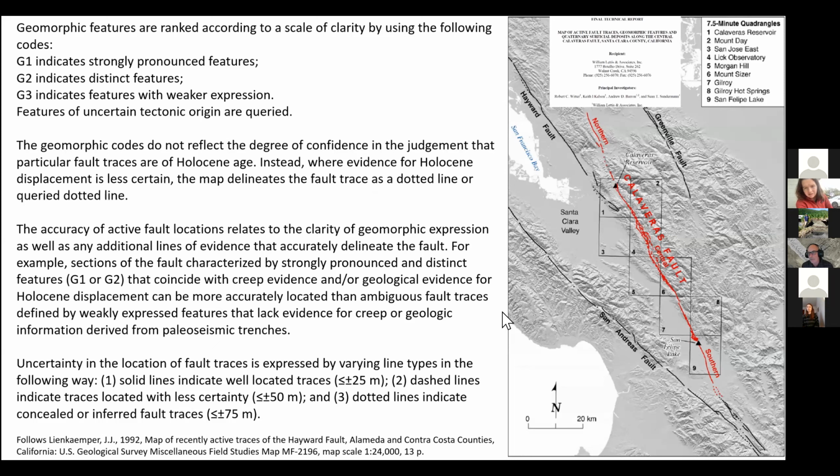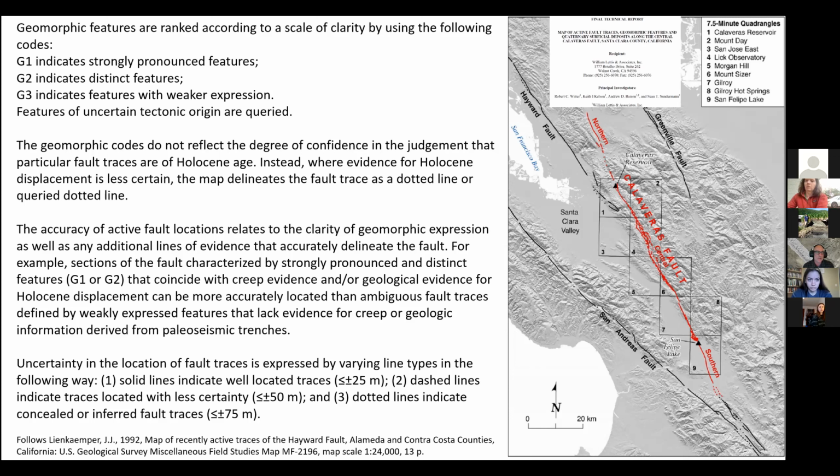They were mapping the Hayward Fault, which bounds the eastern part of the San Francisco Bay Area, along with William Lettis and Associates, which is kind of the predecessor of the group for whom Steve Thompson works. They had identified these geomorphic features ranked by a scale of clarity using the following codes: G1 indicates strongly pronounced features, G2 is distinct, G3 is features with weaker expression.